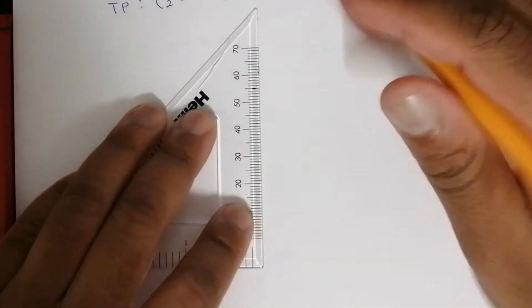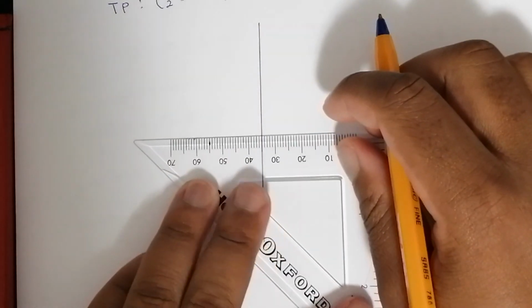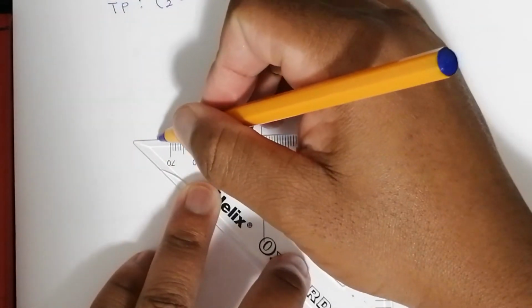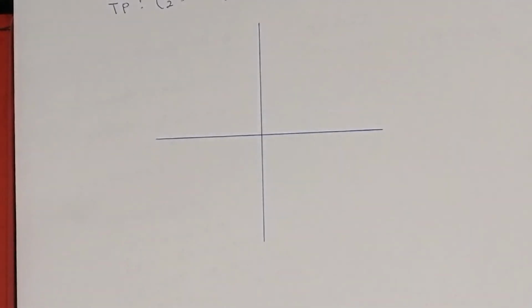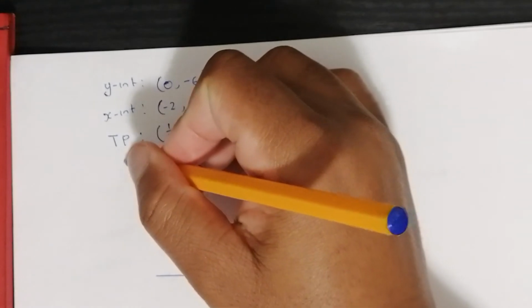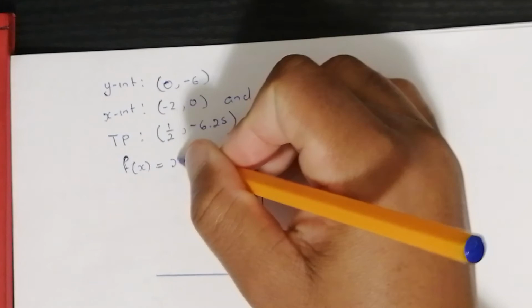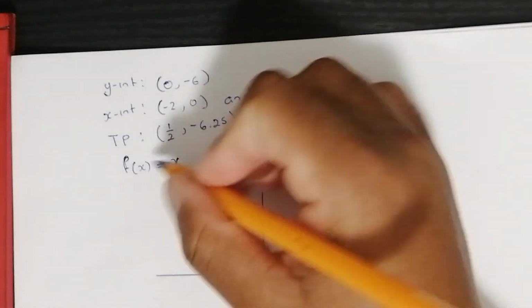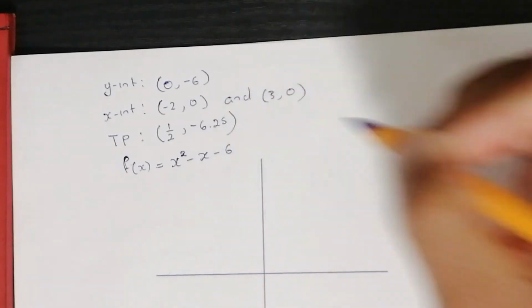Okay, now to try and sketch this function, so your sketches might be more accurate than mine if you're using graph paper, but the idea here is, if you're working with quadratic functions, this is the function that we're trying to sketch: f of x equals x squared minus x minus 6, right?